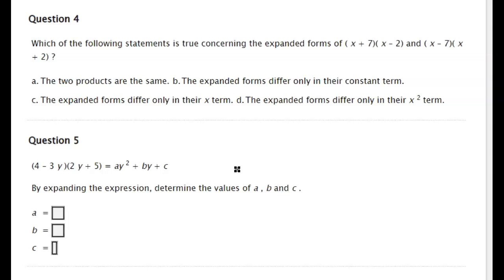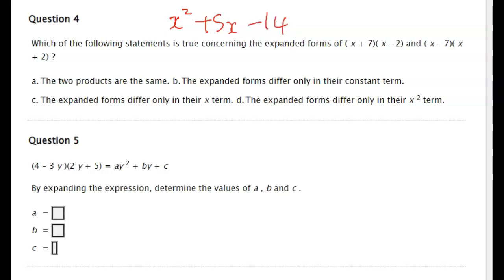Now I know what the answer is, but probably the best way to do it is to actually do the multiplication. So this first one I'll just go over here because we don't have much room on this page. We're going to have x squared, then we've got minus 2x plus 7x, so it's going to be plus 5x minus 14.